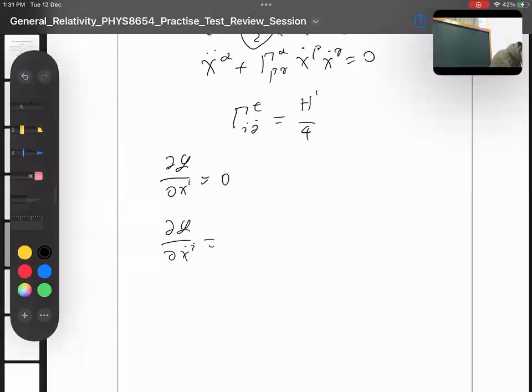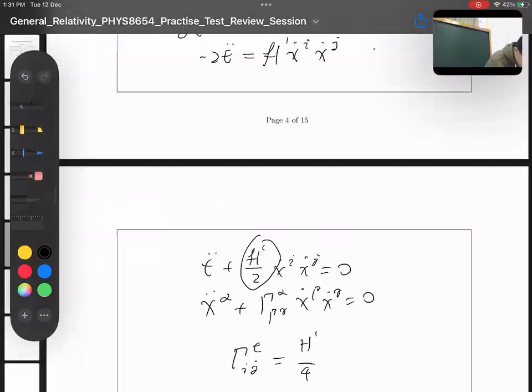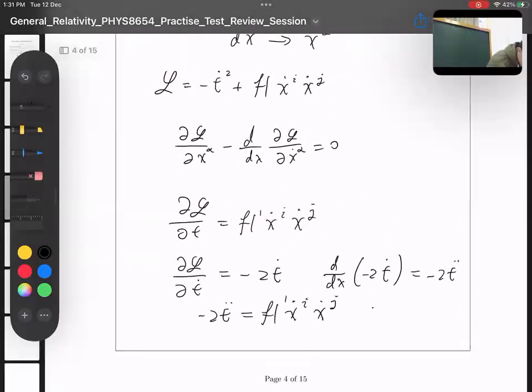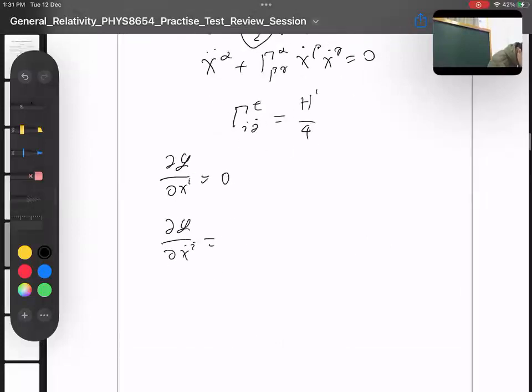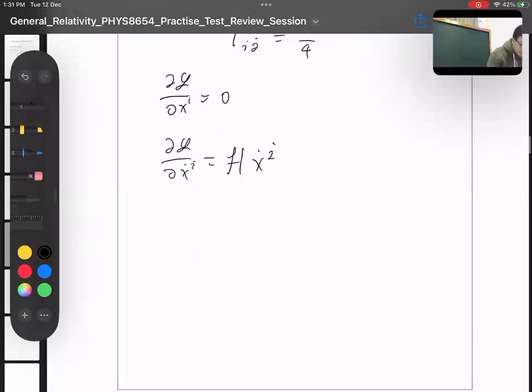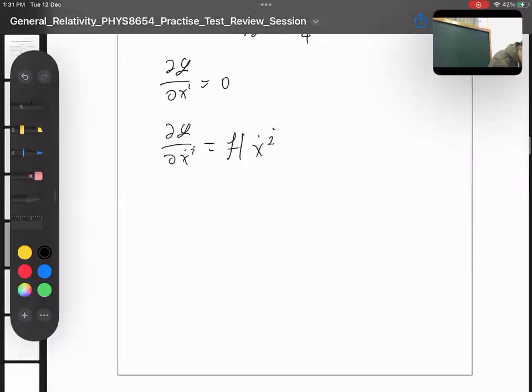So what do you get? Partial L partial xi dot is just h xj dot, right? And then you take another derivative, d lambda, right?